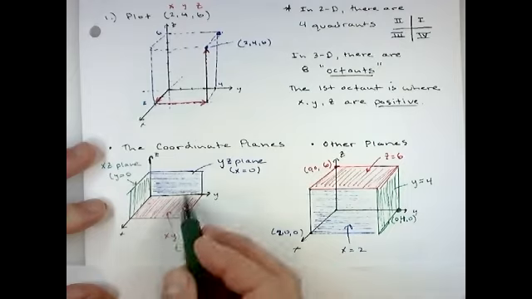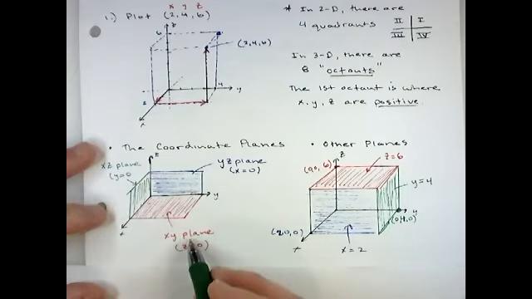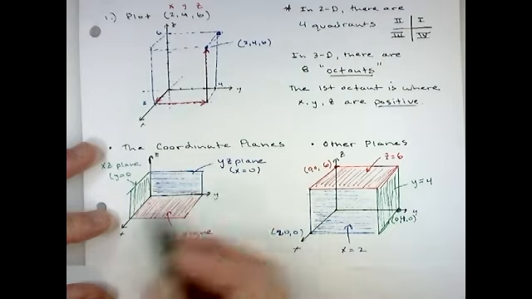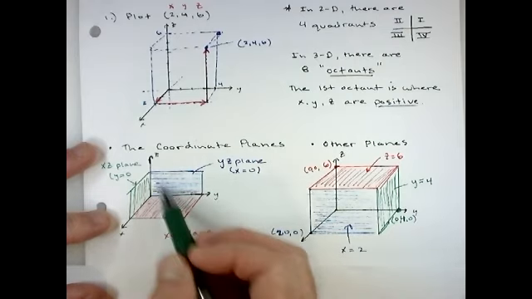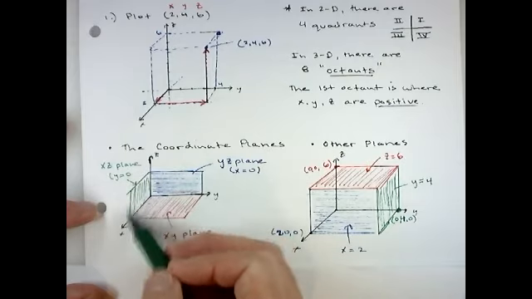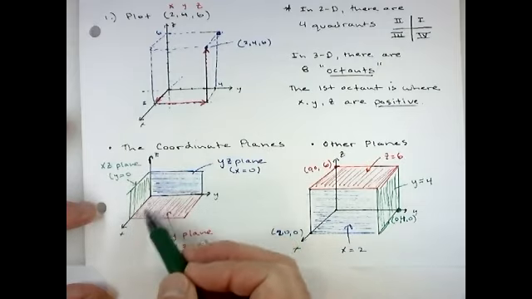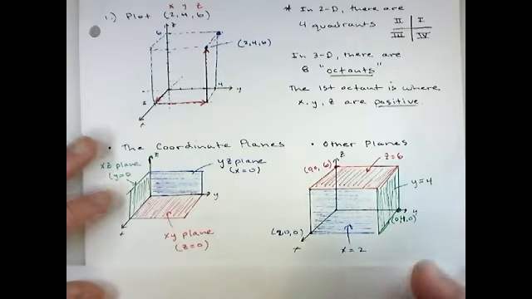Okay, and you can think of it as being spanned by the xy axes, so we call that the xy plane. The yz plane is when x is 0, so that's a vertical wall. And then the xz plane is also a vertical wall coming in and out of the paper, also called y equals 0.